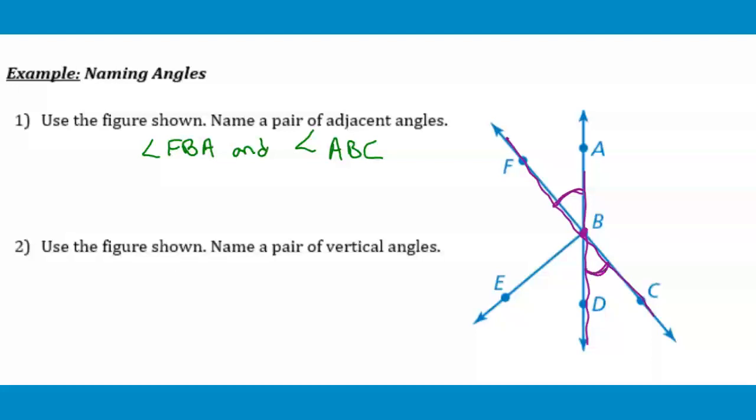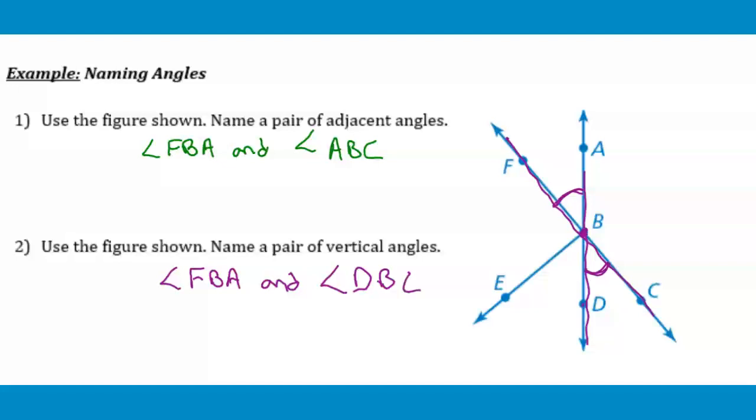So again, I'm going to start with angle FBA, and the one that's vertical to it is the one across from it, and that's DBC, or CBD. I'm going to go angle DBC. Those are vertical to each other, across from each other.